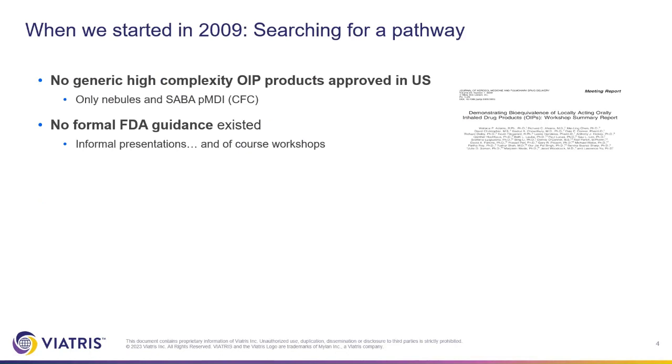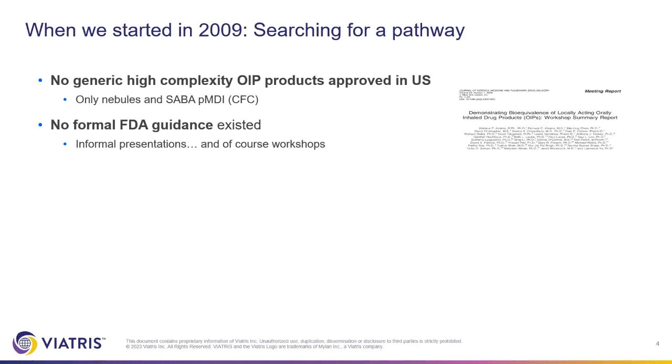So when we started in 2009, as I mentioned, there were no generic high complexity orally inhaled products approved in the US. There were nebules approved, and going down this route, there had been short-acting beta-agonist albuterol MDI products, which at that time were the CFC products, which came in as generic equivalents, I think in the late 80s, and subsequently had been withdrawn.